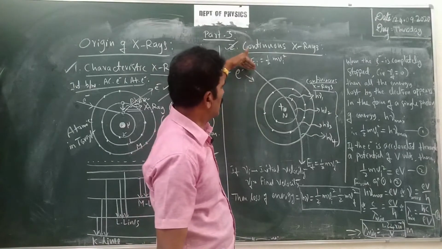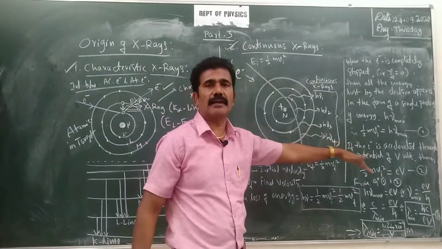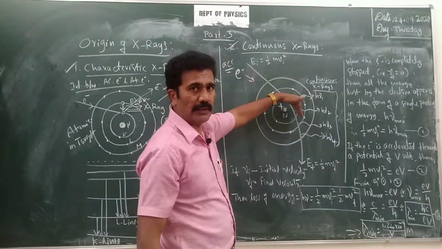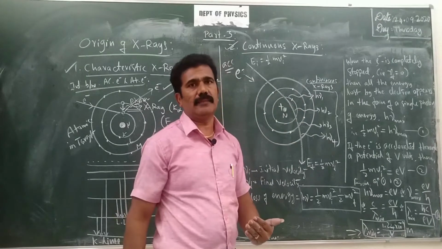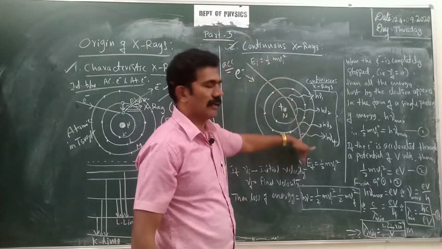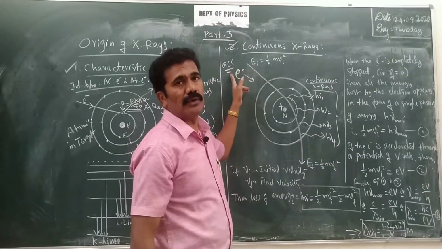So as it moves nearest to the nucleus, it cannot go in a straight line path. It has to bend towards the nucleus and then exit away from the atom.